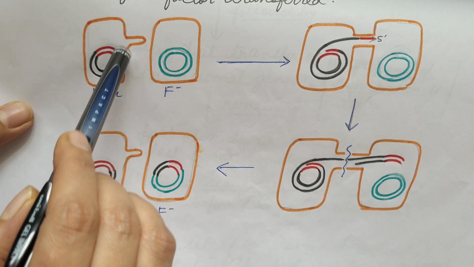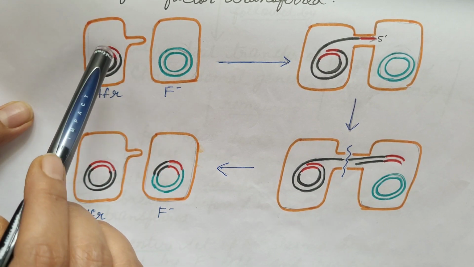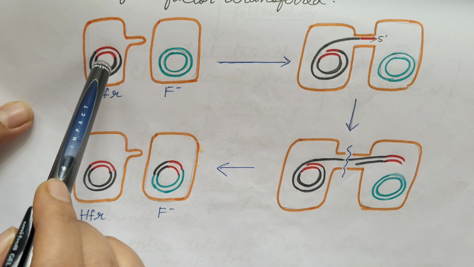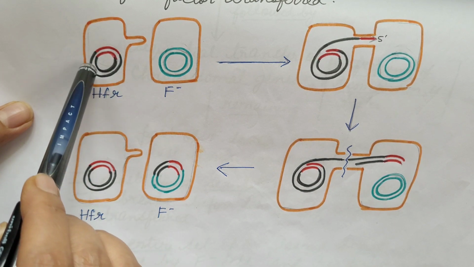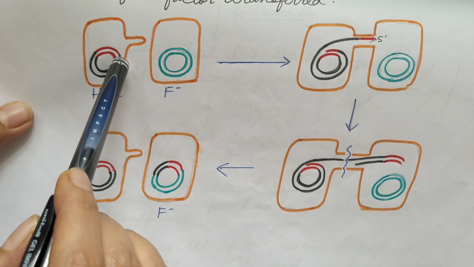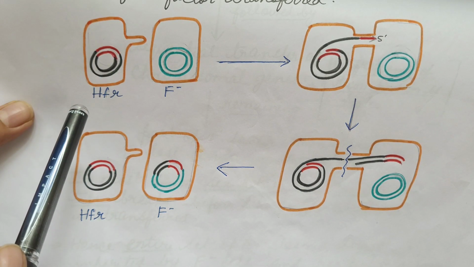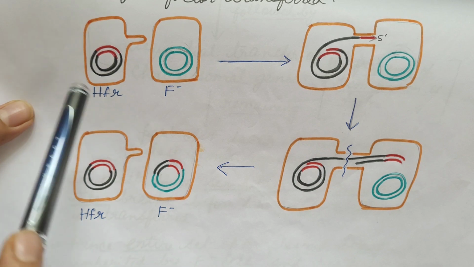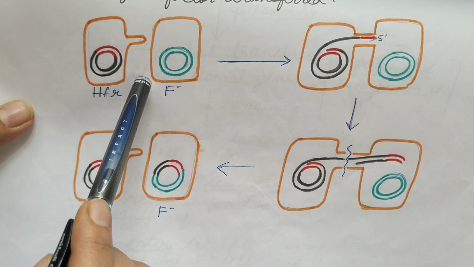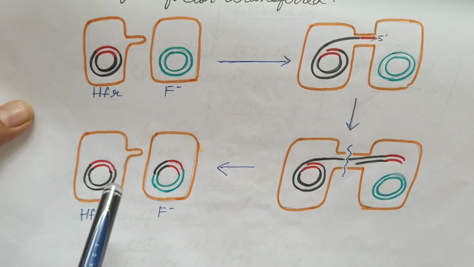So this is the HFR cell, which is formed when the F plasmid is integrated in the bacterial chromosome or bacterial DNA by site-specific recombination. This is the sex pilus, and this is the F minus cell in which the F plasmid is not present.